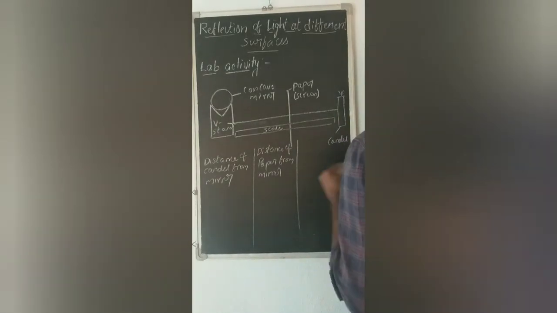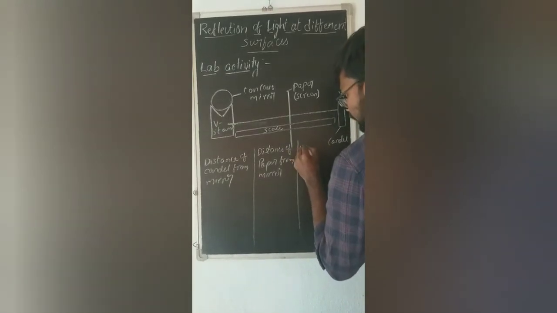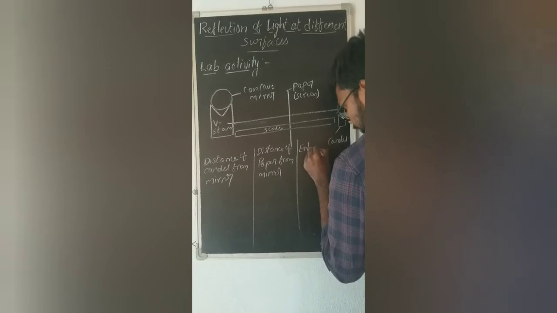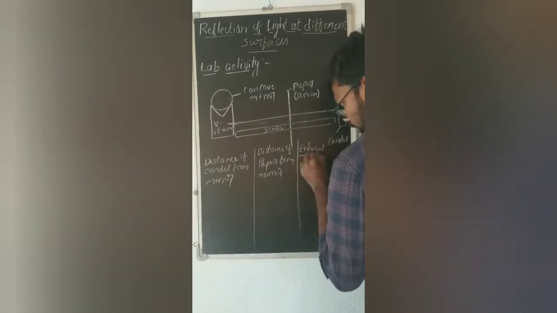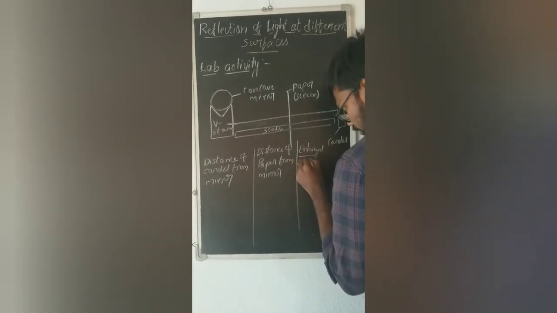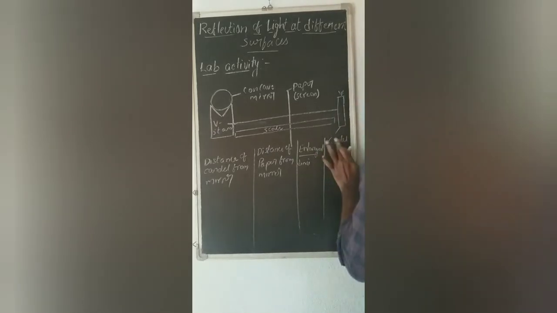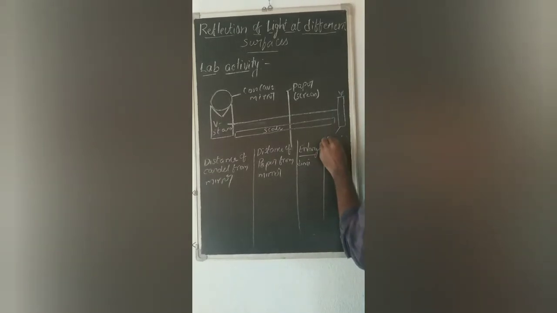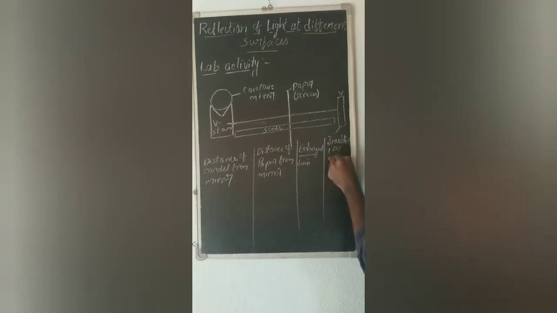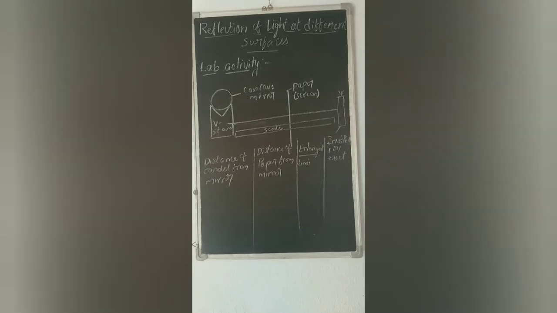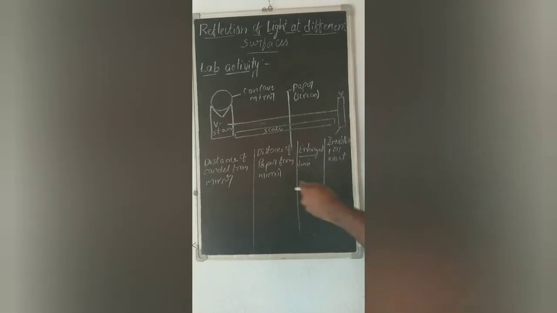Next, enlarged or diminished. Next one is last one, inverted or erect. Okay, like this we need to draw the table form.